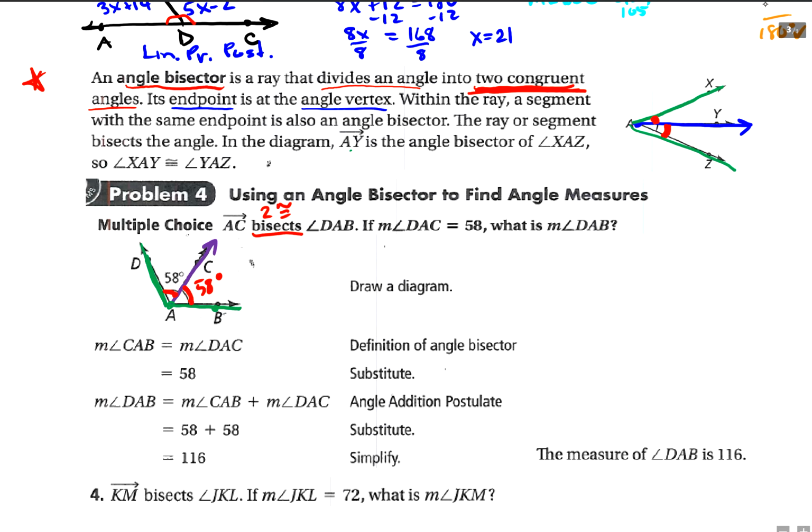And if we were doing a proof, we would say, let's put it in the same order they do, angle CAB is congruent to angle DAC, and this is definition of angle bisector.